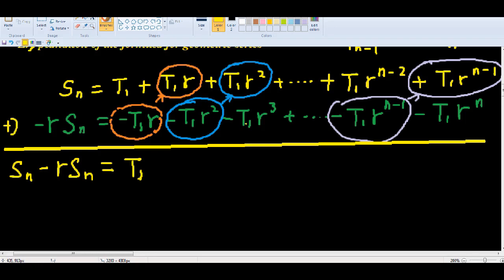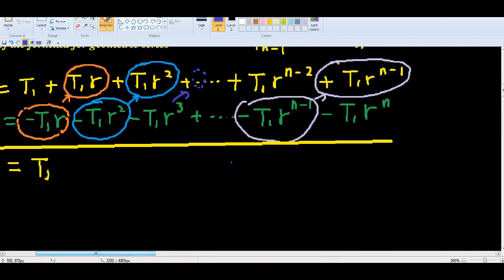By applying the same pattern, you would expect that T1R cubed will be cancelled by something here. Looking at the end of the expression, T1R to the power n minus 2 will be cancelled by something here. And of course the last term, T1 times R to the power n minus 1, is cancelled by the term here in the purple circle, right?